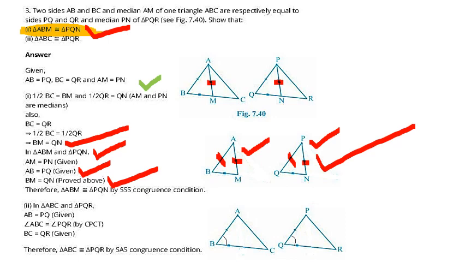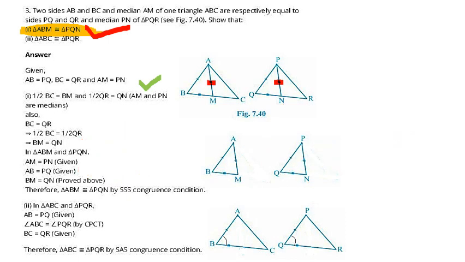So this side BM and this side QN, they are equal. So we have two triangles in which three sides are equal. That means they must be congruent. And what will be the condition for three sides? Side, side, side congruence. So I wrote down that they are congruent to each other by side, side, side congruence. And that was your first part.